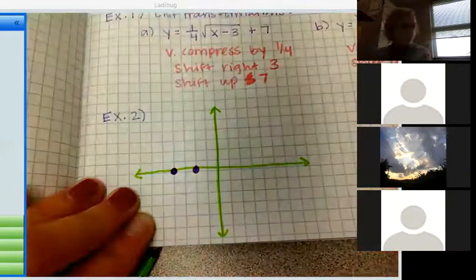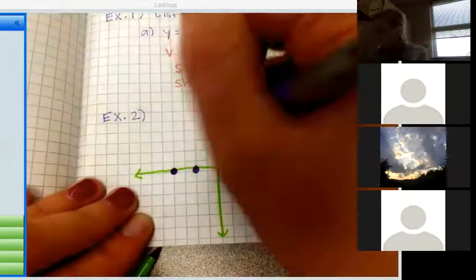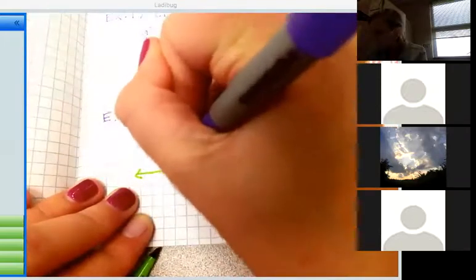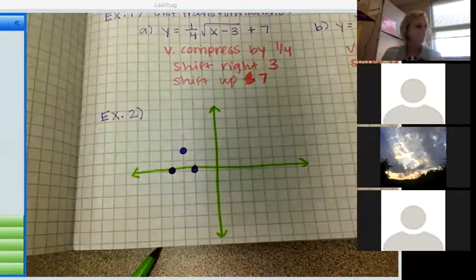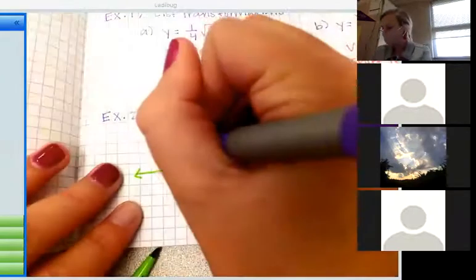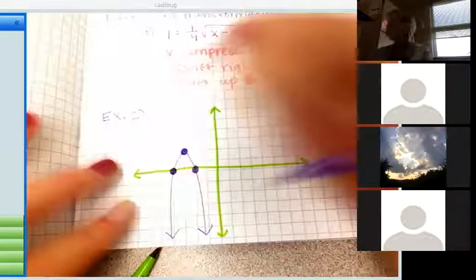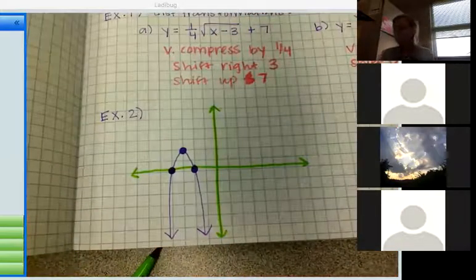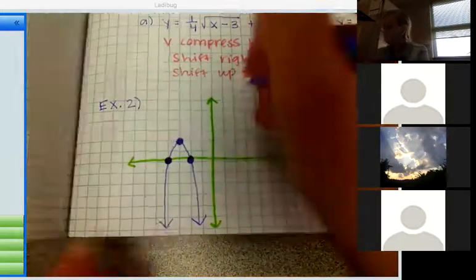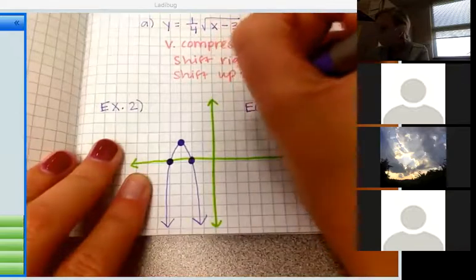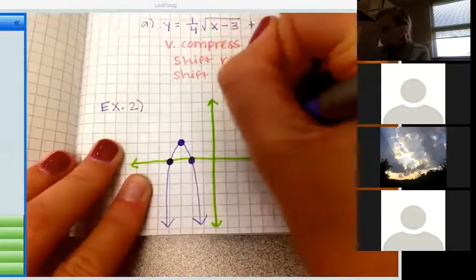I'm doing the best I can with the talents that the Lord gave me. Drawing is not one of them. All right. So this is the graph they gave us. We need to write the equation and state the transformations.